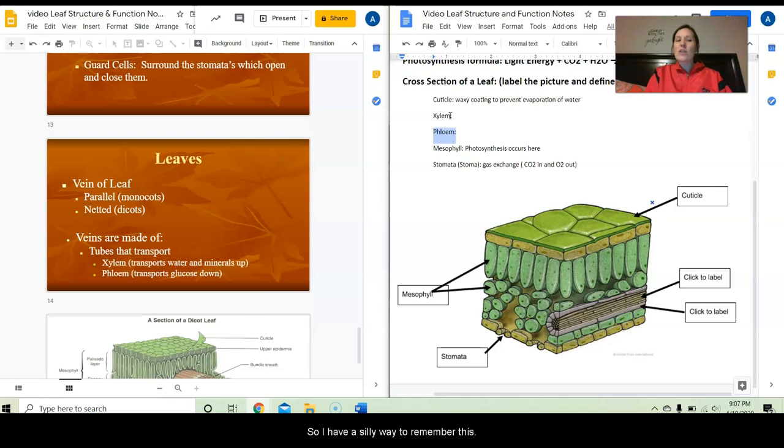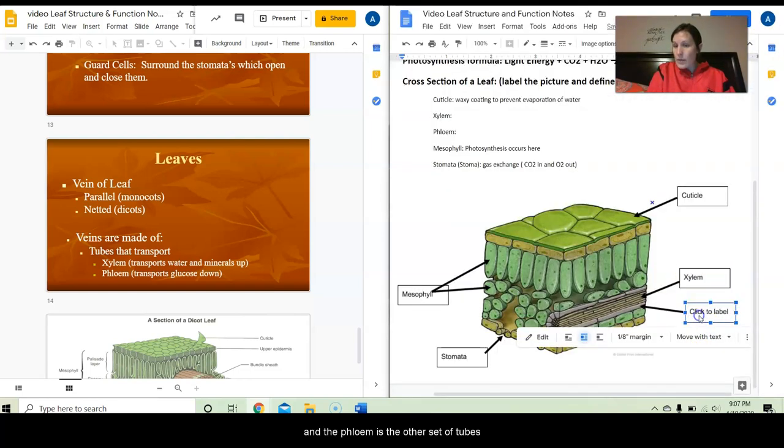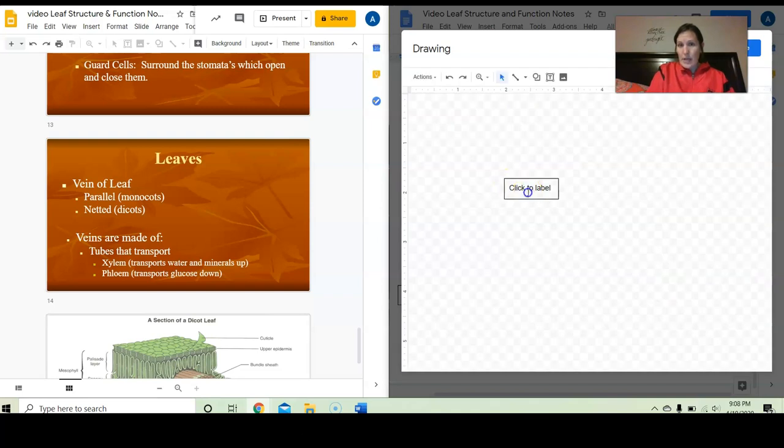All right, so I have a silly way to remember this. So your xylem, and I'm not that picky on this part, the xylem is going to be some of the tubes, and the phloem is the other set of tubes. And they're going in two different directions.